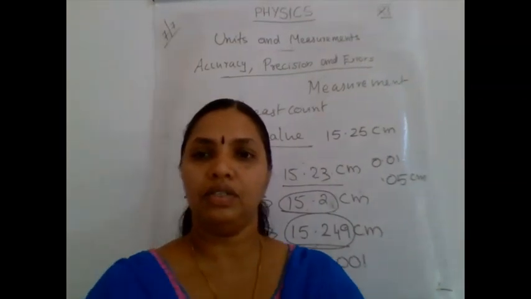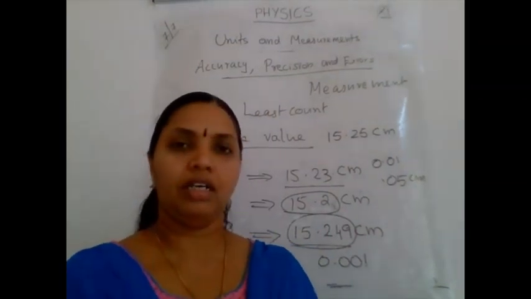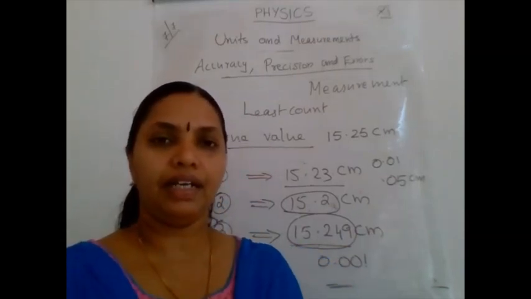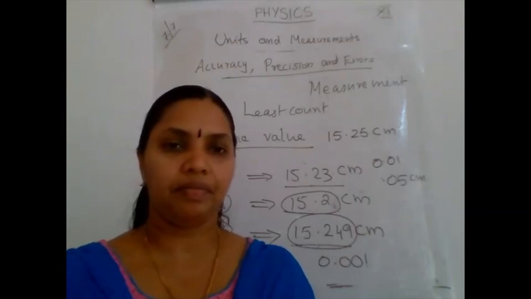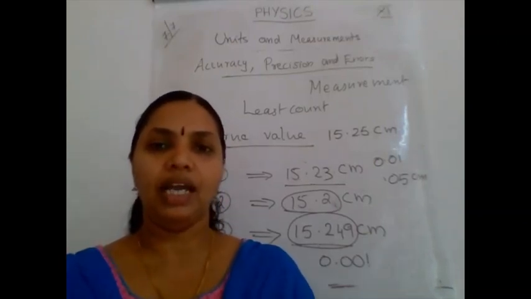So you can write the next question: define accuracy and precision. Write accuracy as a side heading, and write what is accuracy.